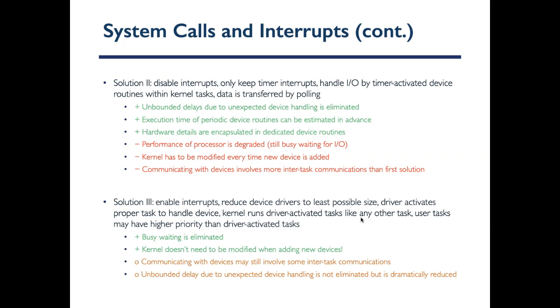It's not as high as it was with the second option, but it's not as low as it was with this first option. And the second cost that we're paying is we're still dealing with unbounded delays. So we still might have unbounded delays because we're still dealing with unexpected device driver handling.